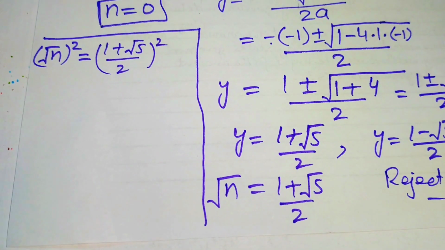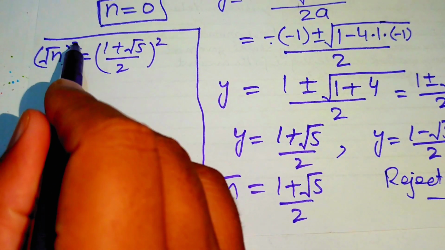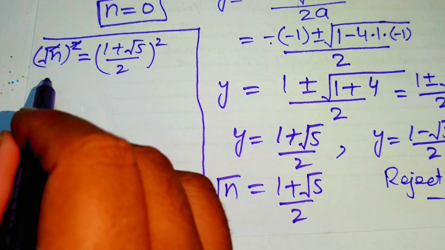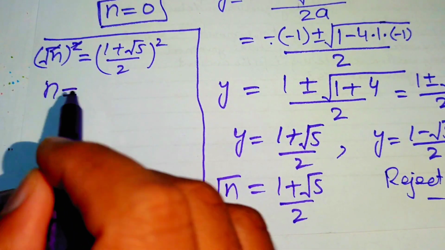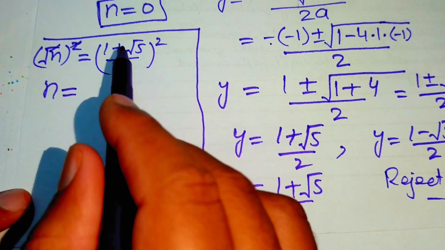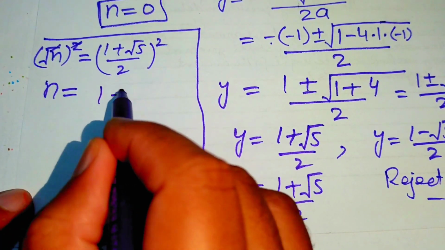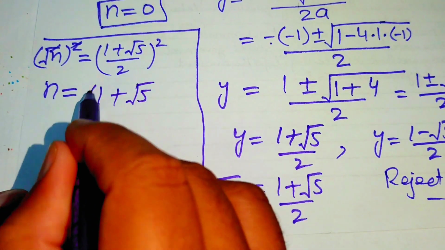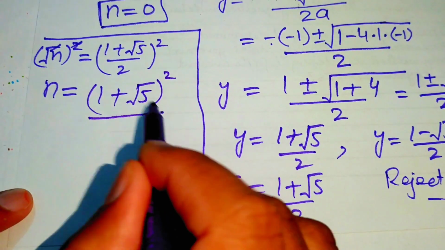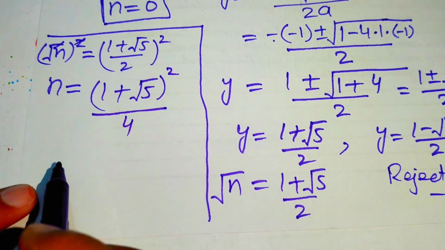So now we make the square. On the left hand side the square and square root are gone, and we get n equals to, separating the square of numerator and denominator, 1 plus square root of 5 whole squared divided by 2 squared, which is 4.